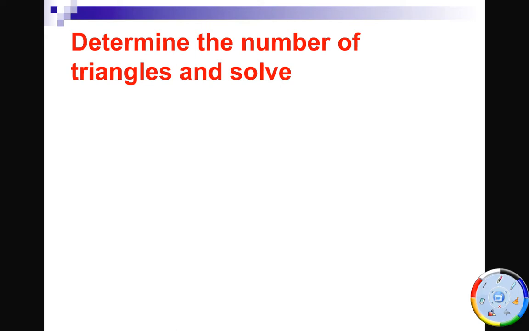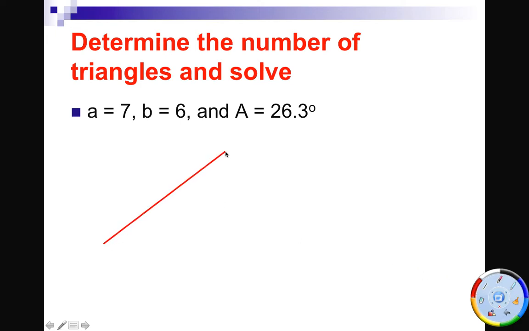So first of all, we're going to determine the number of triangles and we're going to solve it. So hopefully you have that table in front of you. And I'm giving us a statement like this. Now you'll notice that I'm just going to draw a triangle because I know I'm trying to solve some sort of triangle. I don't even care what it looks like. And then I'm going to say, okay, since the given angle is A, I'm going to call this angle A. So this is 26.3.